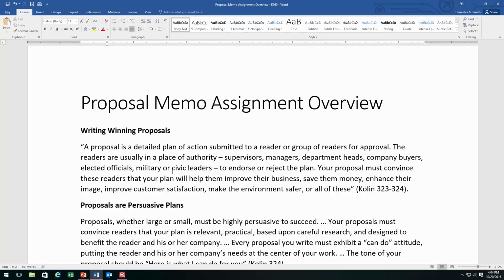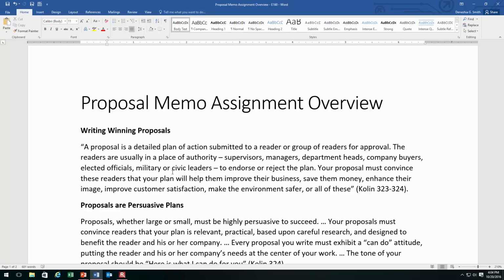The readers are usually in a place of authority: supervisors or managers or department heads, company buyers, elected officials, military or civic leaders, to endorse, approve, or reject the plan. Your proposal must convince these readers that your plan will help them improve their business, save them money, enhance their image, improve customer satisfaction, make the environment safer, or all of these. That's your aim with the proposal.